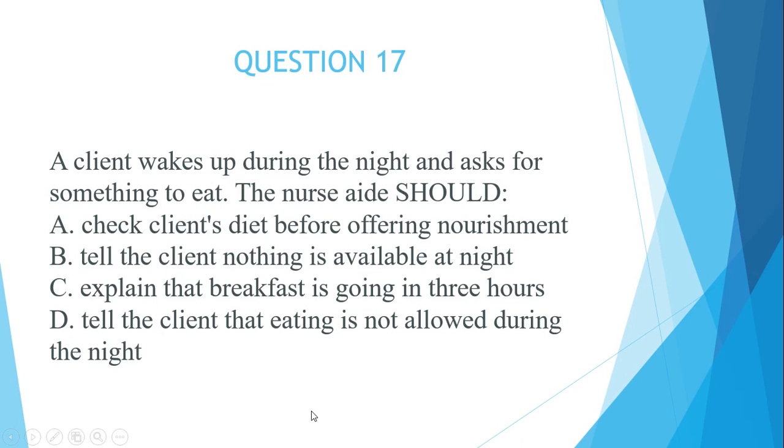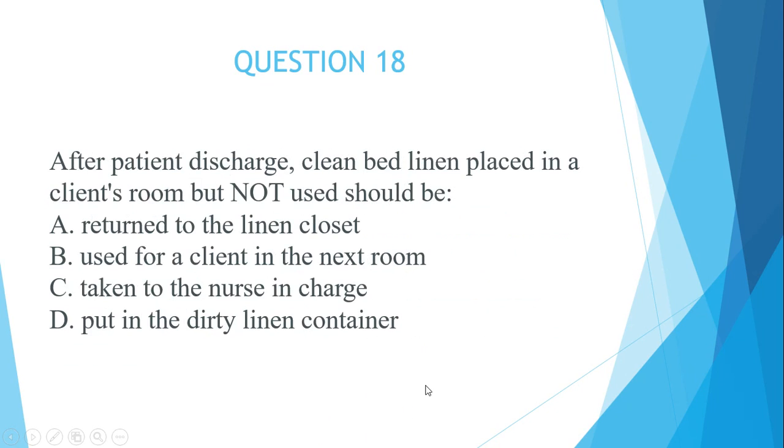So you want to make sure, even the nourishment, even if it's Ensure, that person can take the one you are giving her. With all this nourishment like Ensure, there are ones for diabetic patients and some for regular people. So you want to make sure you know the person's diet before you give him or her any nourishment.